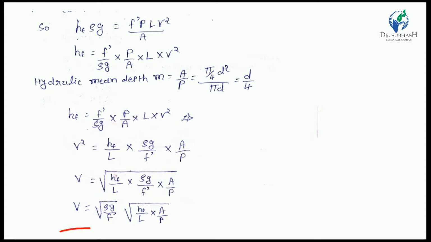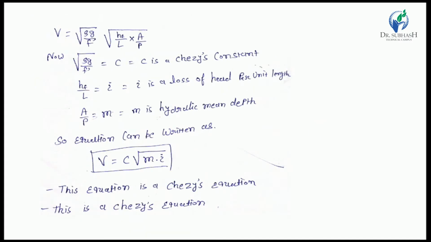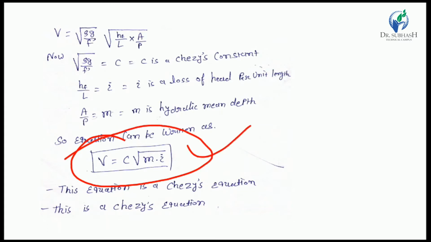Now write the equation, with further elements arranged differently as mentioned. This is the final equation of Chezy to find the head loss due to friction.